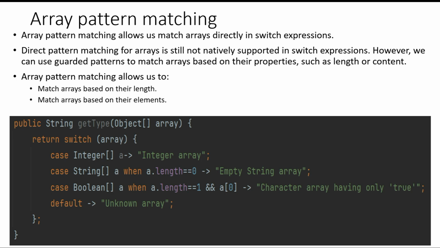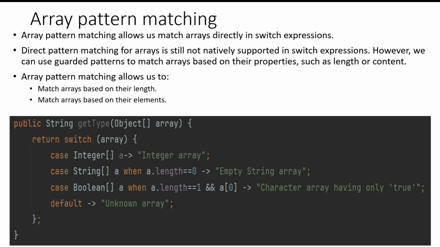When the getType method would be invoked, the switch expression is going to check whether the input value is of type integer array or string array or boolean array. If the value is of type integer array, then it is going to execute the first case block. If the value is of type string array, then it will further check whether this array is an empty array or non-empty array.